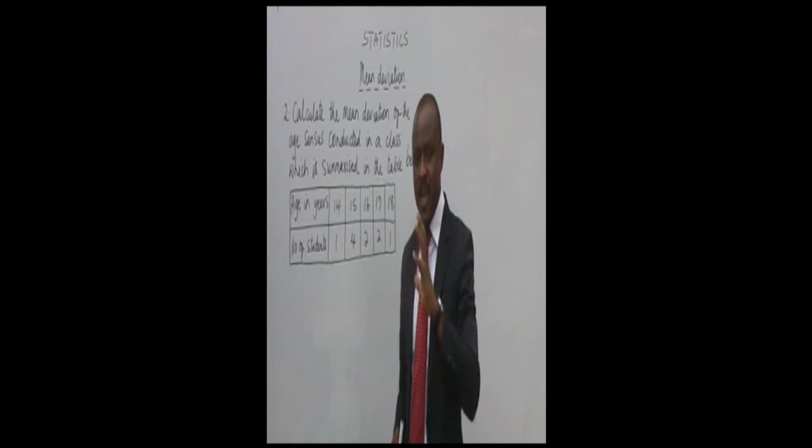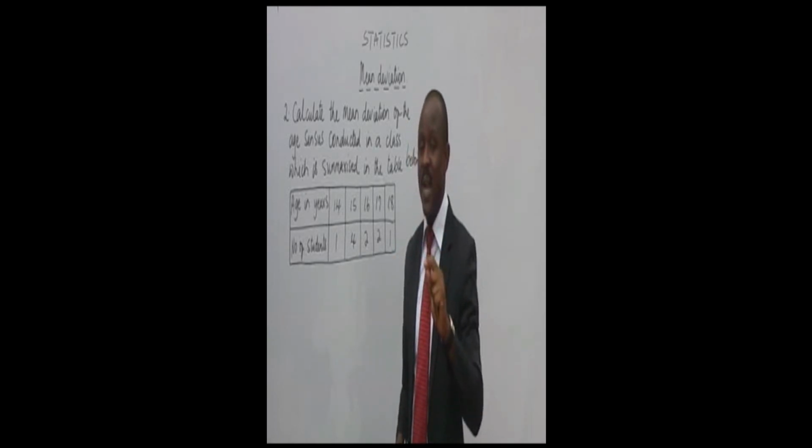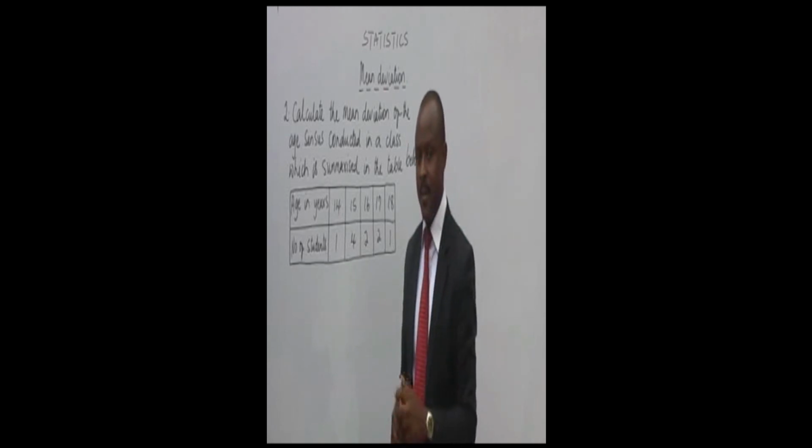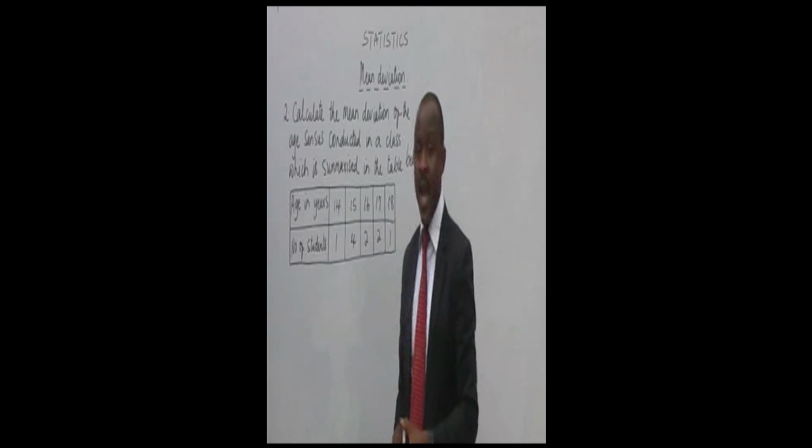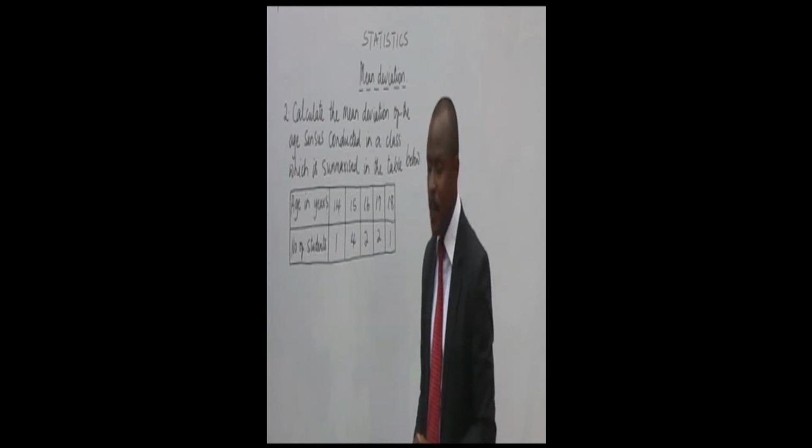In all your processes to calculate standard or mean deviation, you must first of all calculate the mean. Because without the mean, you cannot calculate the deviation. So first of all, what we are going to do here now is to find our mean.